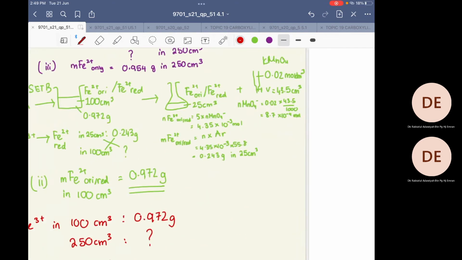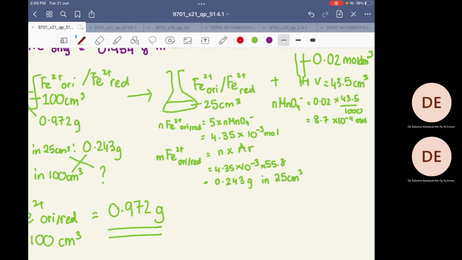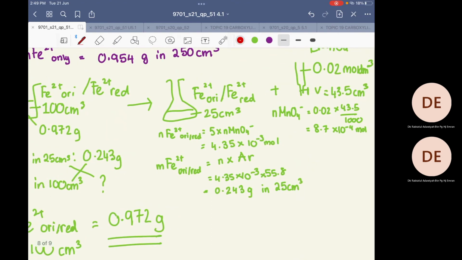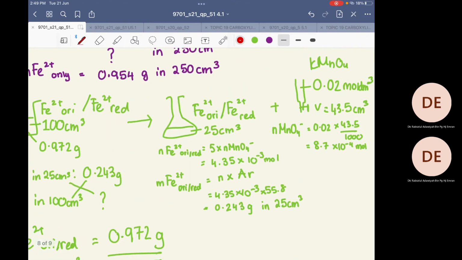Everything is fixed. Number of moles of manganate is 8.7 times 10 to the power of minus 4. Number of moles of Fe2 plus is 4.35 times 10 to the power of minus 3. If you want to reduce the volume of potassium manganate being used, you need to increase the volume of Fe2 plus, Fe3 plus.